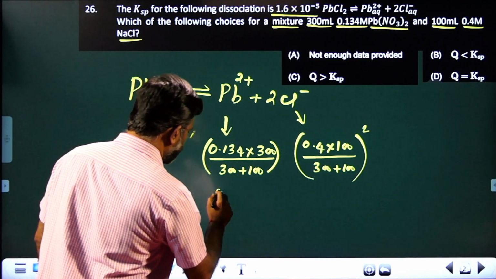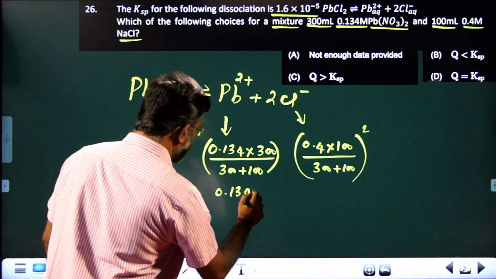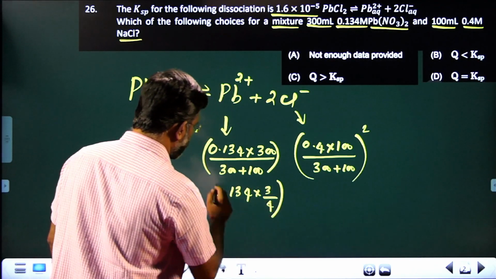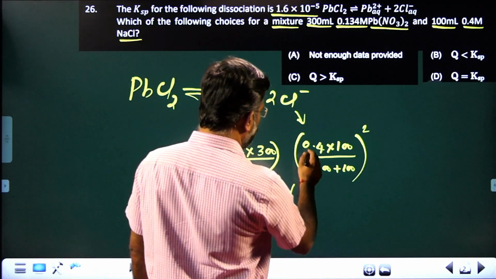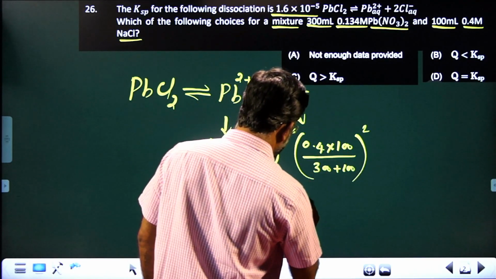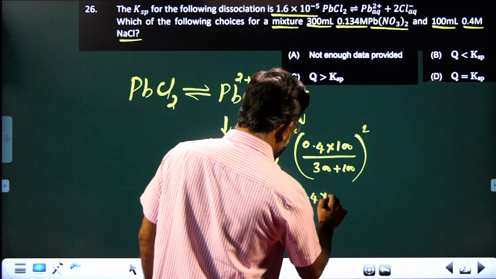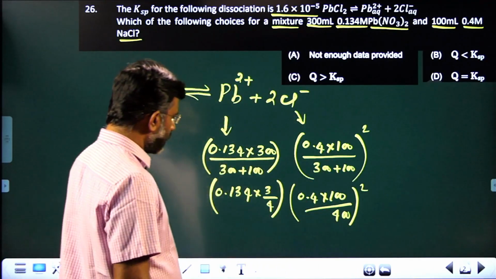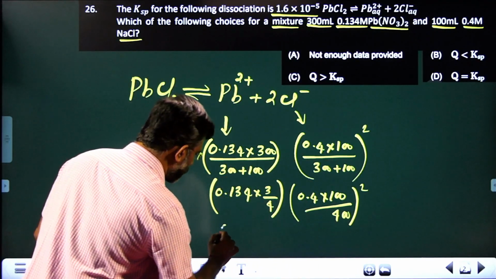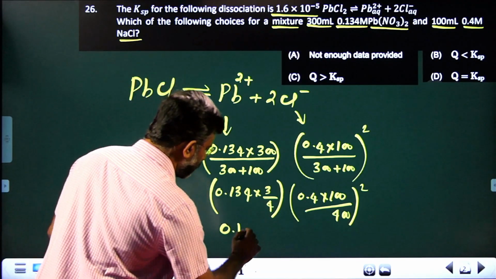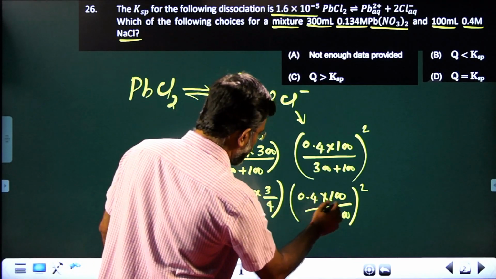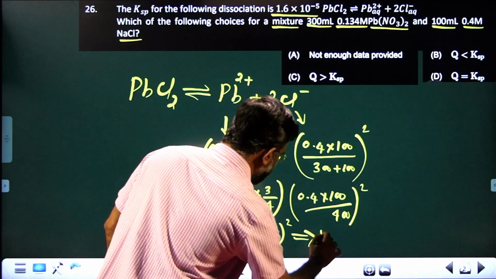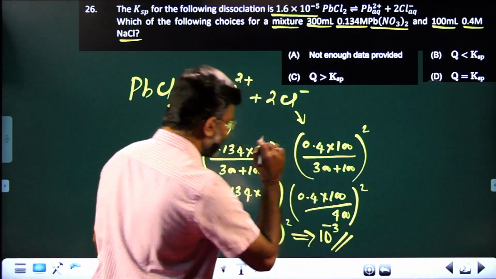So this is going to be 0.134 into 300 by 400, which is 3 by 4, into the square of 0.4 into 100 divided by 400. That three-fourths of 0.134 will be somewhat 0.1, and here it is again 0.1 square. So the net result will be in the order of 10 power minus 3.